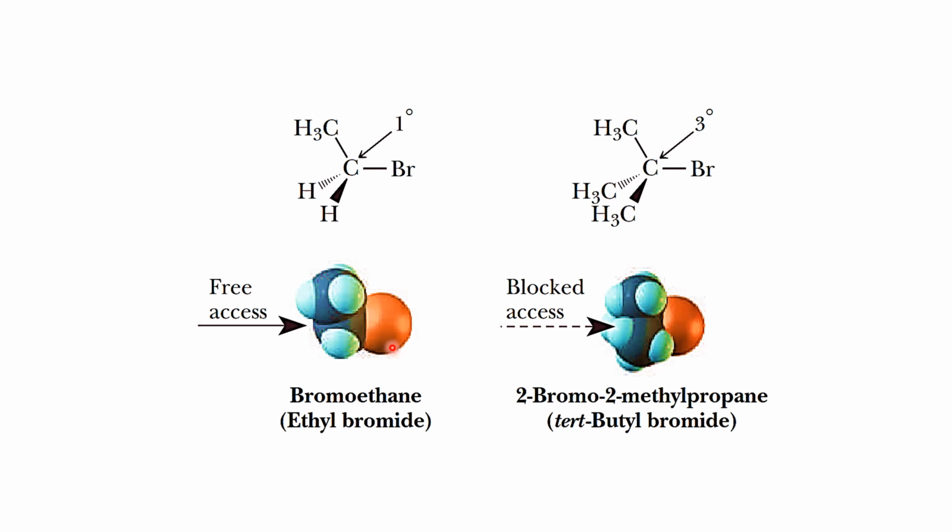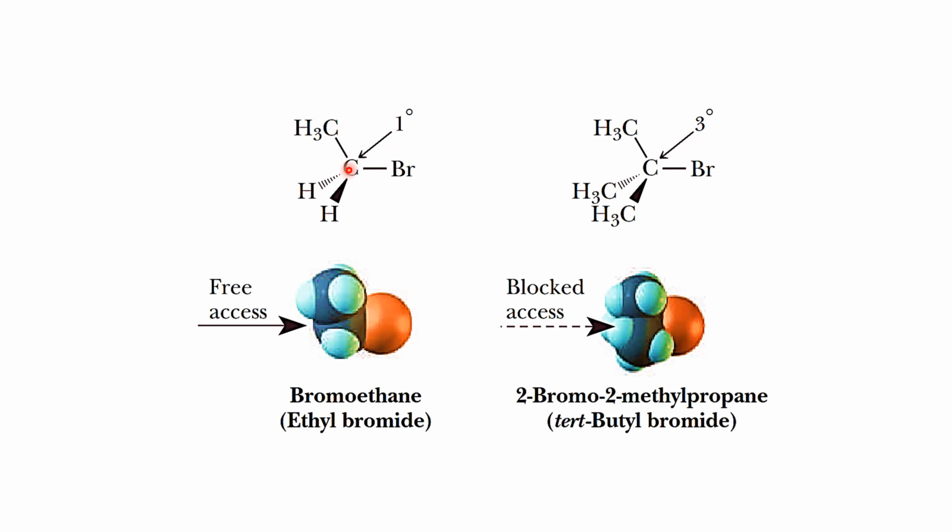Here this is bromoethane. This carbon is bonded with small atoms, hydrogens, and then there is only one big atom, that's bromine, and there is the methyl one. So the bromine is the leaving group here. From which side is the nucleophile attacking?